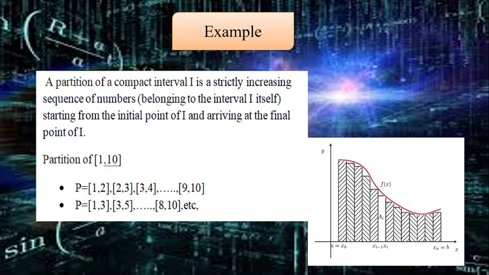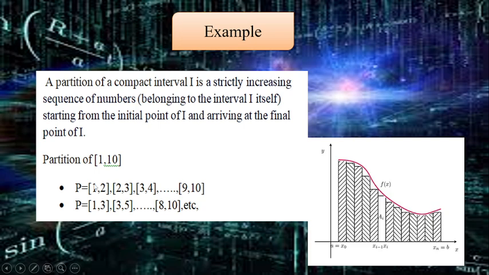Let's see the two types of collection of partitions. A partition of a compact interval I is a strictly increasing sequence of numbers belonging to the interval I itself, starting from the initial point of I and arriving at the final point of I. Let's see what is a partition of [1, 10].